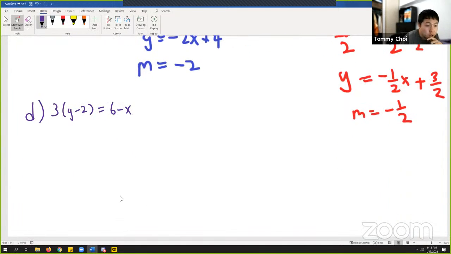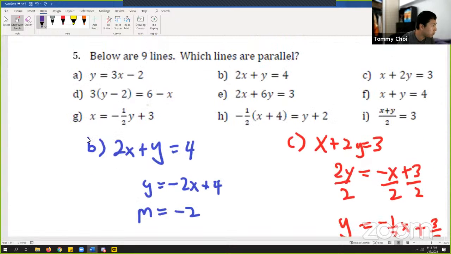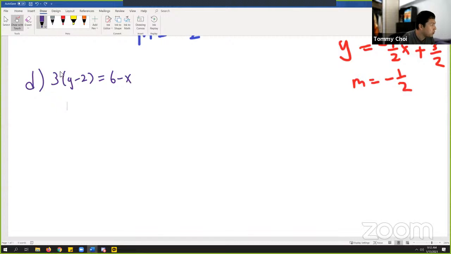So first, before we move anything, we want to expand the bracket here. And remembering how to expand, 3 times y is 3y. 3 times negative 2 is negative 6. And that's going to equal 6 minus x. Once we have that down, we can move the plus 6 to the other side.